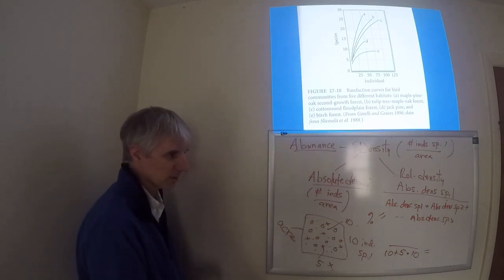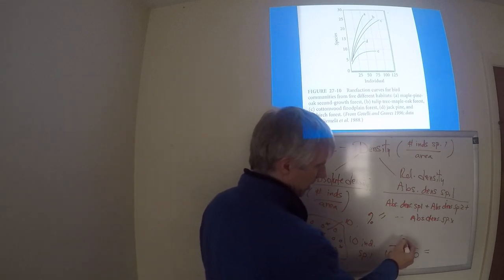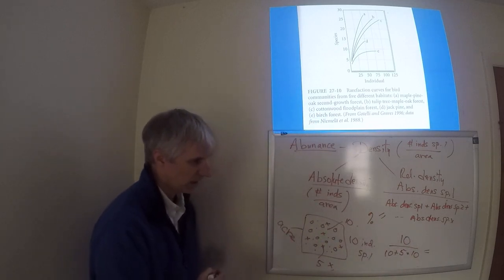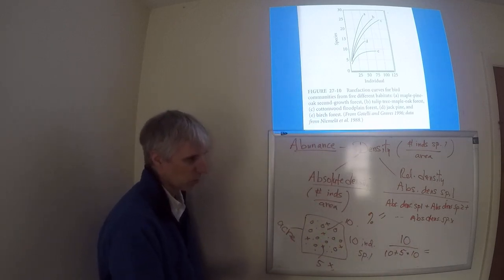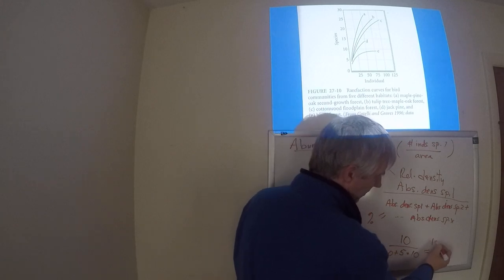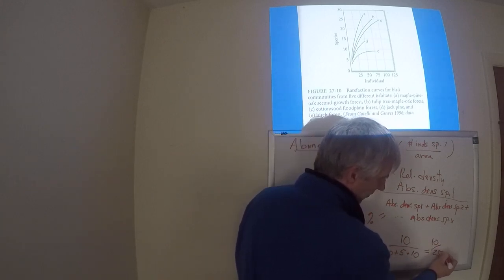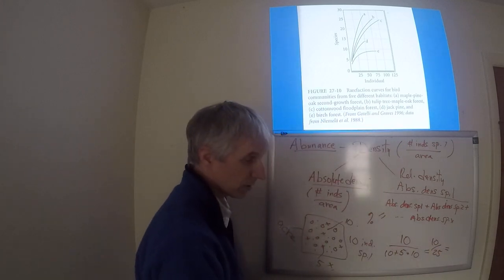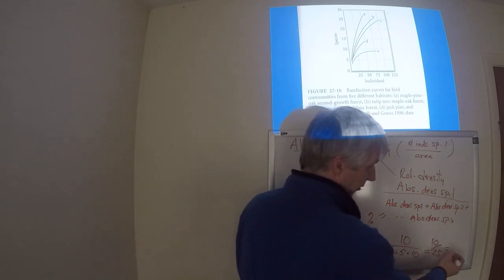That's all the absolute densities summed together. And then for the numerator, I have 10 individuals of species 1. That's 10 divided by 25, which should be 40%.